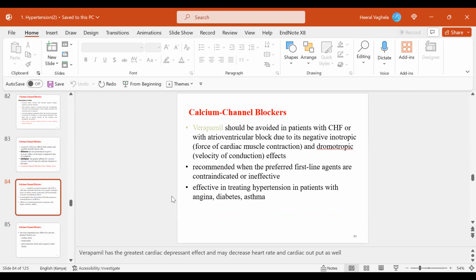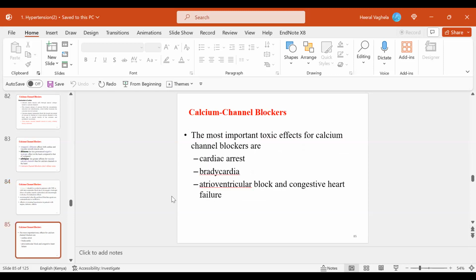And one more thing is when the patient has chronic heart failure or AV block, then verapamil should be avoided because of its negative inotropic effects.